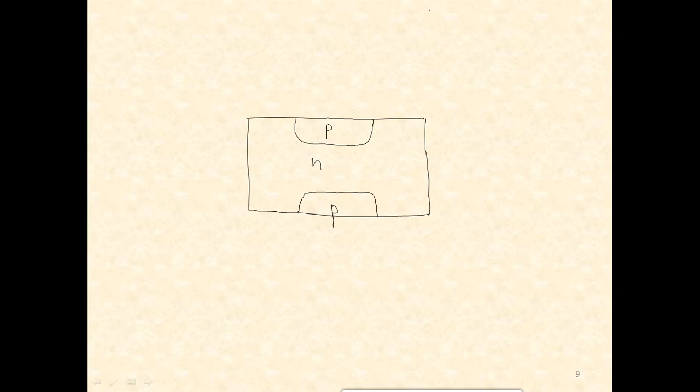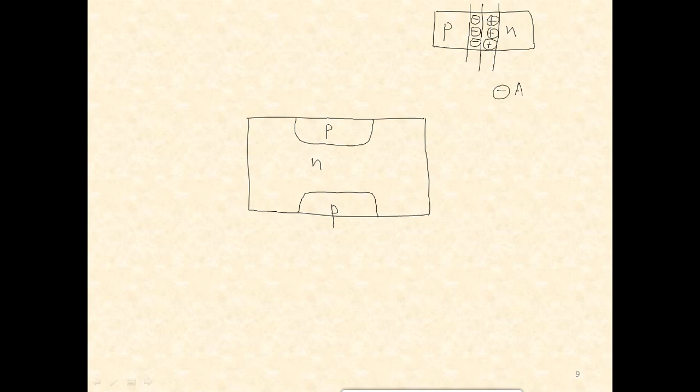Okay, and from the concepts of the diode or the semiconductor fundamentals, we know that if I consider the structure of a PN junction, if this is P and this is N, then at the junction we have a depletion region, right? The left hand side consists of acceptors and the right hand side consists of donors.